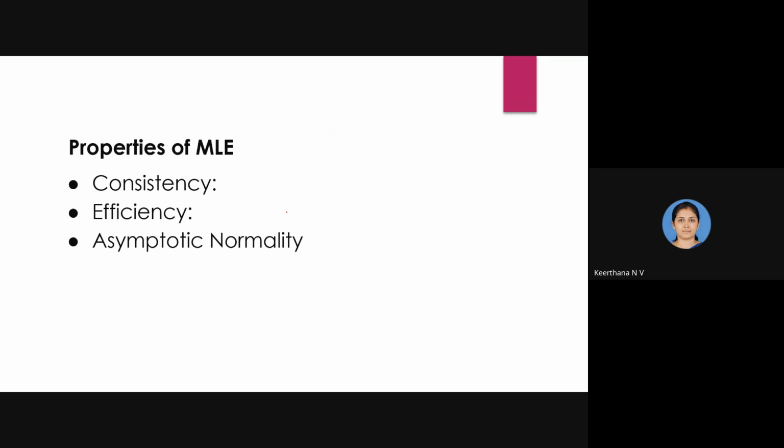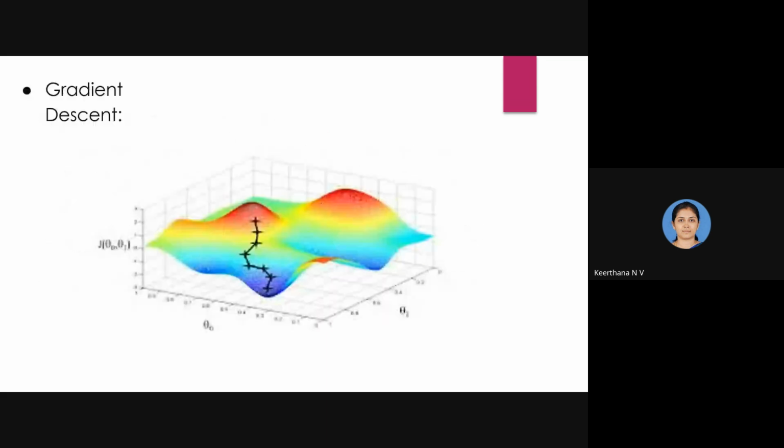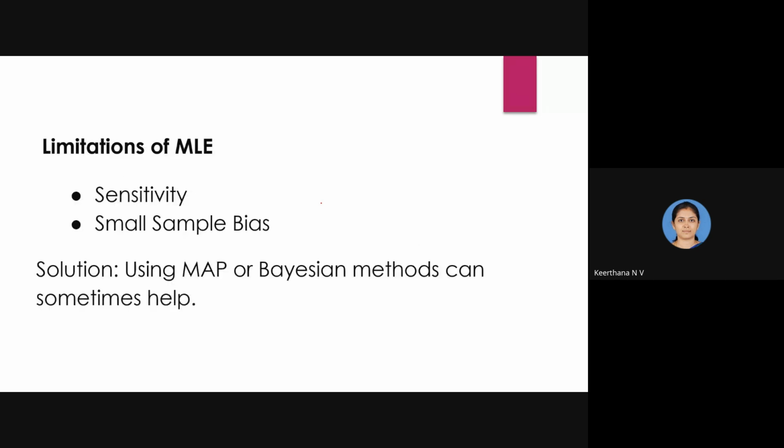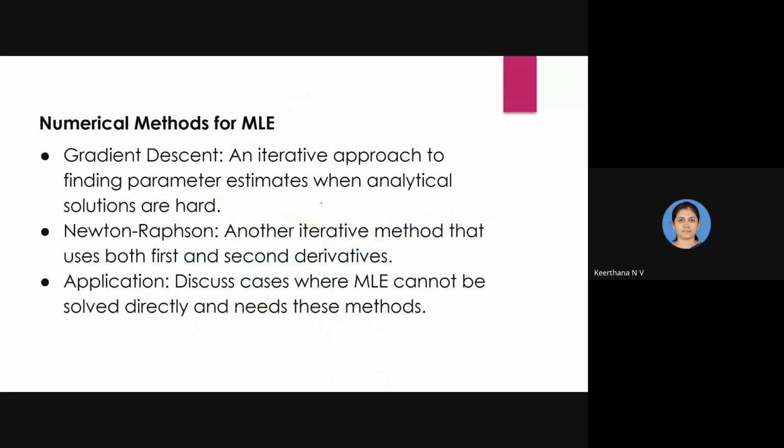Now, if I have to use a Bayesian approach, which model in parameter estimation can I go for? You can go for maximum a posteriori estimation. If you are using a Bayesian approach, you can go for MAP. If you are using a frequentist approach, you can go for MLE.